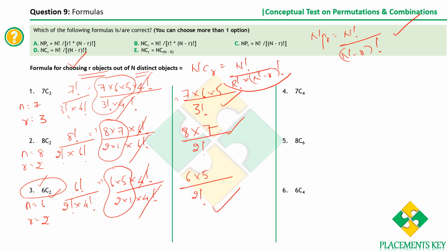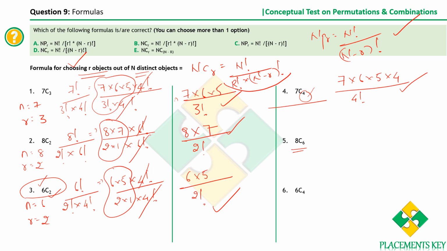Okay, let's apply the same for calculating this very fast. 7C4. So we start writing 4 numbers starting from 7 in the numerator, 7 into 6 into 5 into 4. In the denominator we just take the base factorial, that is 4 factorial.